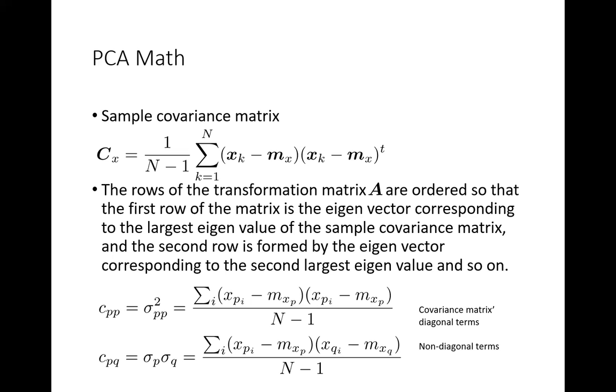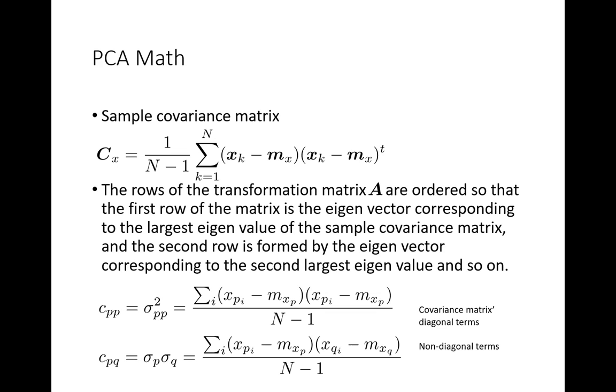You do this over all the examples, so you get capital N matrices, which you add up and then multiply the result by 1 over N minus 1, and that will give you the sample covariance matrix.